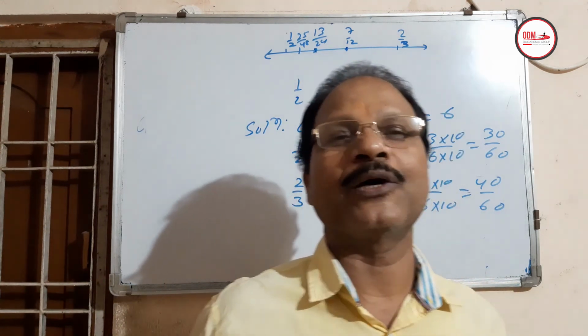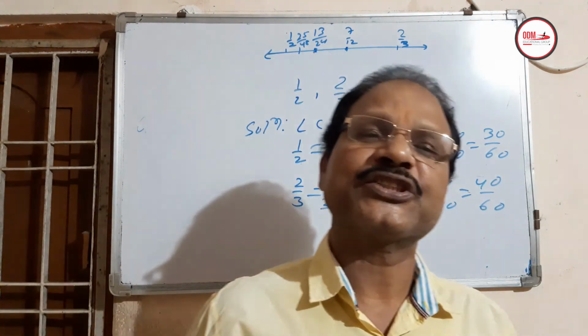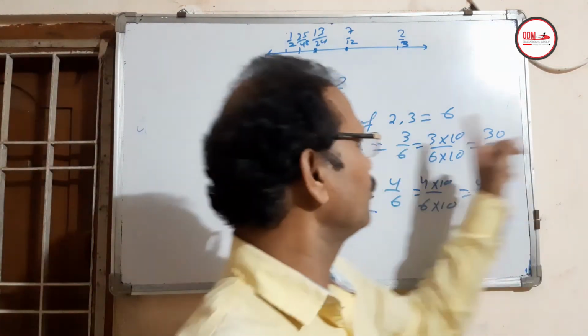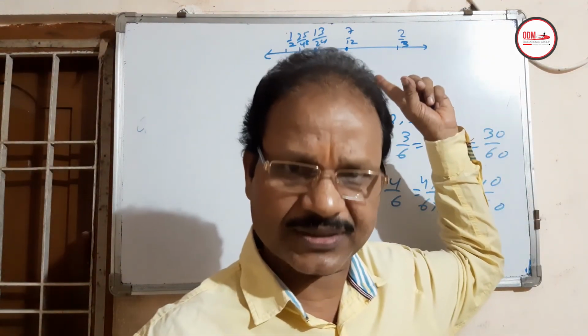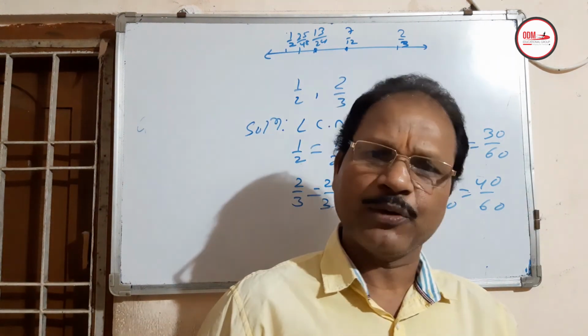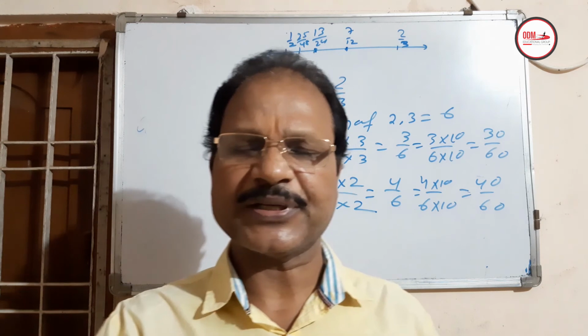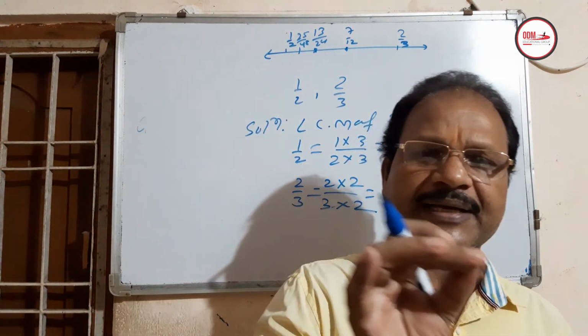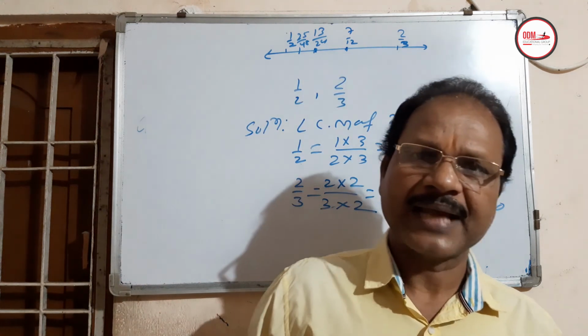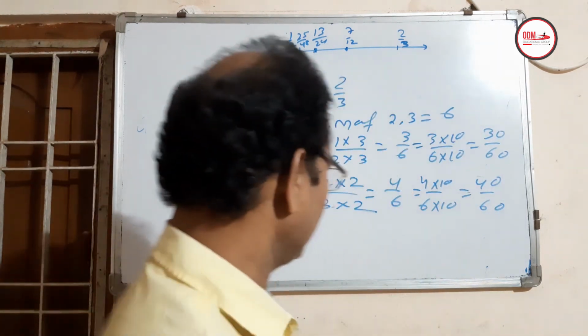Like this we can find the required number of rational numbers in between the 2 given rational numbers. Or you can use the mean method, what I discussed previously. By using any way, you can find the rational numbers in between the 2 given rational numbers.